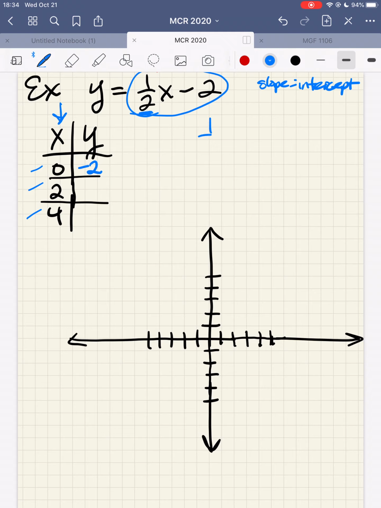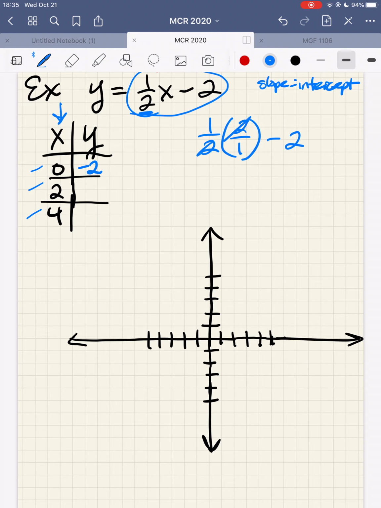Let's look at the next one. So I have 1/2, and x is 2. Because I'm working with fractions, instead of replacing 2 for x, I'm going to replace it as 2 over 1 minus 2. Now if I multiply straight across, I get 2 over 2, which is 1.